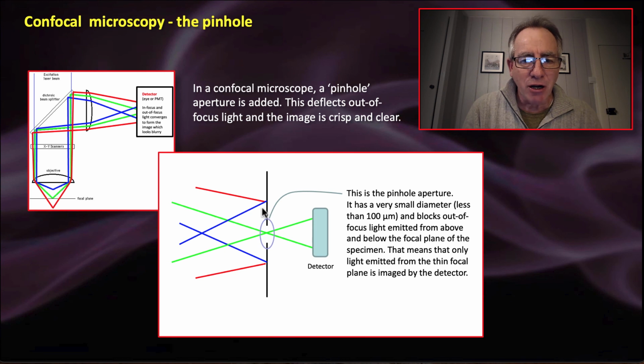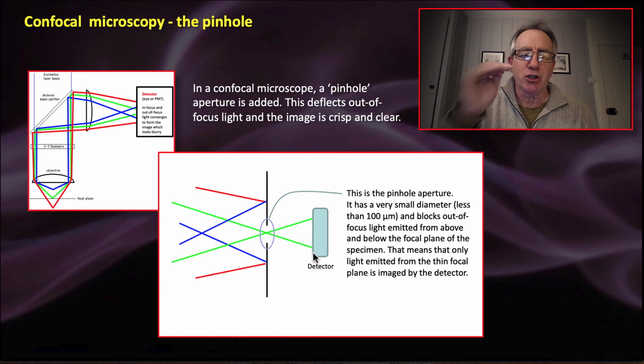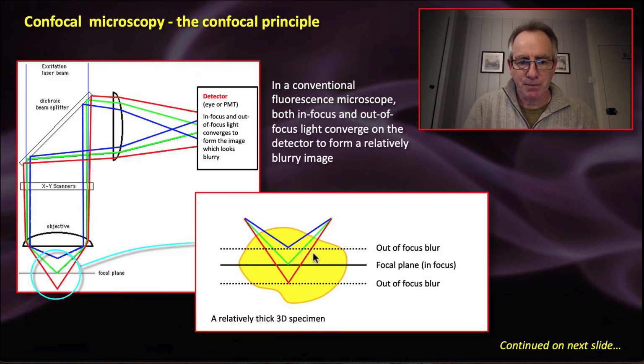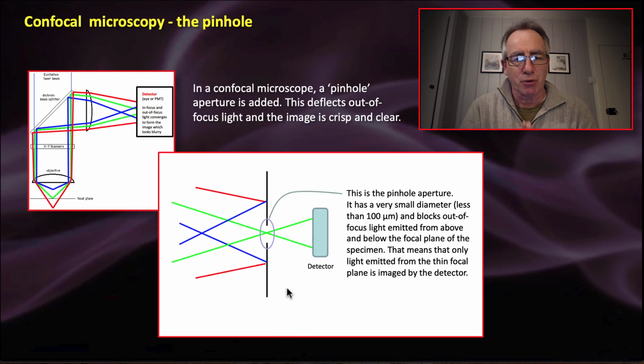So none of your out of focus light gets into the detector, which means that you get a really, really sharp, clear picture from right at this level within your specimen, and you don't get any of this up here or any of this down here. Genius. And it really works in principle. Wait till you see the pictures.